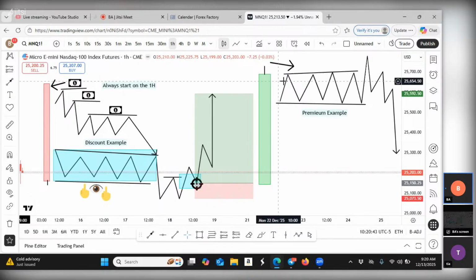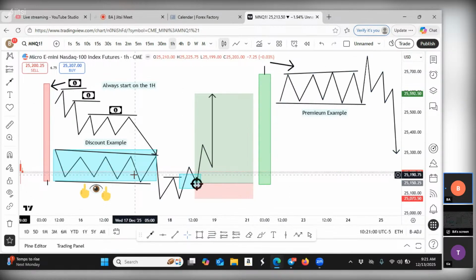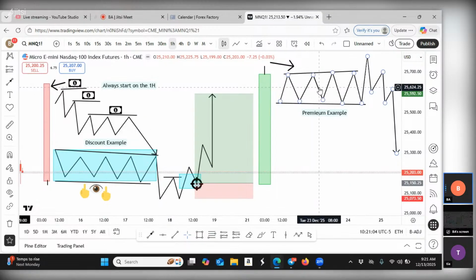If you know you're at a premium, you know you're ahead of everybody else in the world because they don't know where they're at on the chart. That's very important. So that's the 1 hour. You drop down straight to the 1 minute, and on the 1 minute you see the same setup. It's just like doing surgery to see where you can get in on that premium play. You see what I'm saying?